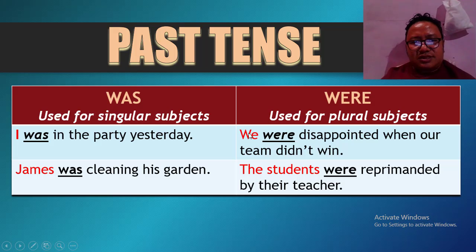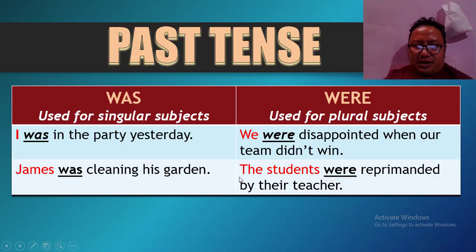We cannot say we was, because was is for singular subjects, but were is for plural subjects.